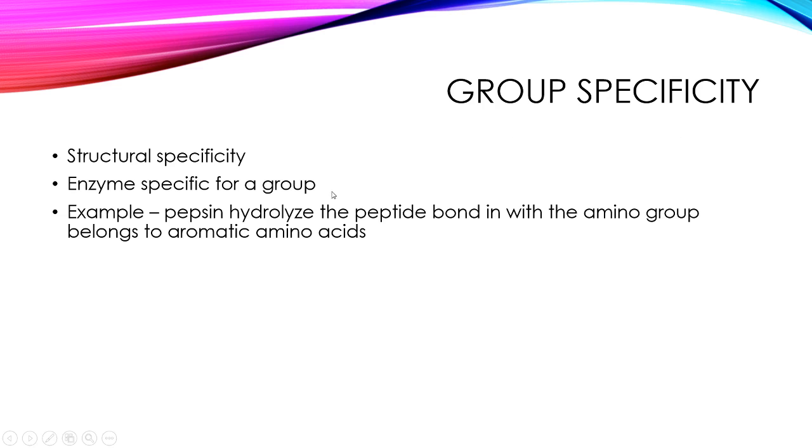If I give you an example, then it will be clear to you. First, start with pepsin. Pepsin hydrolyzes the peptide bonds in which the amino group belongs to an aromatic amino acid, like phenylalanine, tyrosine, tryptophan.